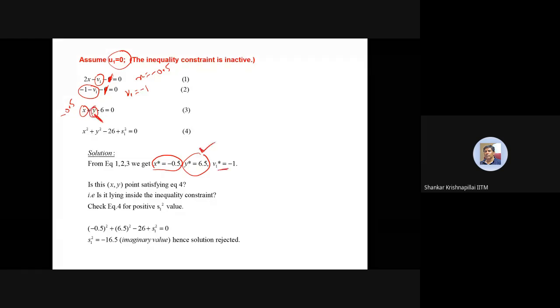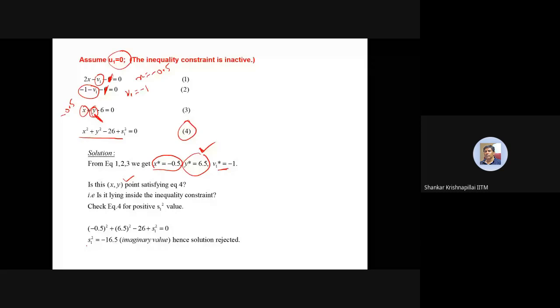Then this point x star, y star, does it satisfy equation 4? If you substitute in equation 4, you get s squared equal to -16.5. That is an absurd result, so s is equal to root of -16.5.